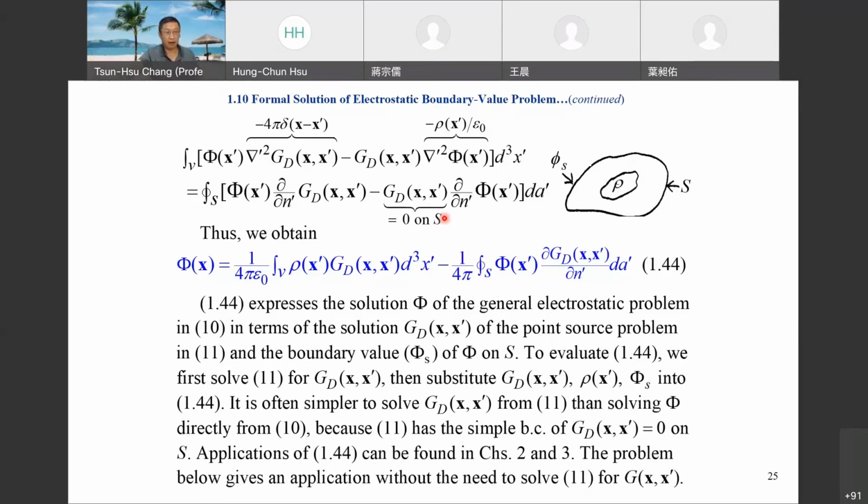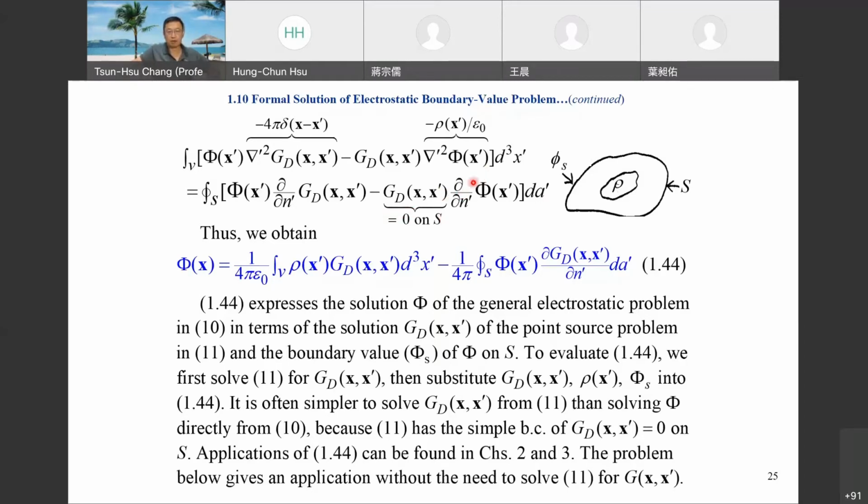Remember, Green's first identity and second identity are always correct for scalar functions phi and psi. Always correct. So it's up to you. But for your convenience, you can specify the boundary of the Green function to be 0, then you can drop these terms.